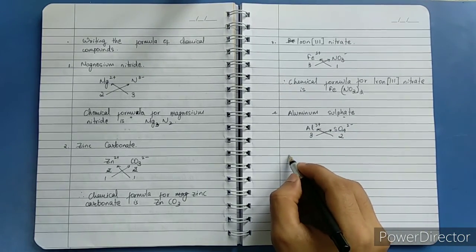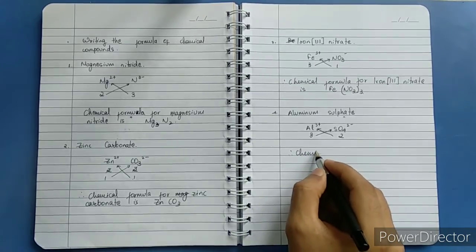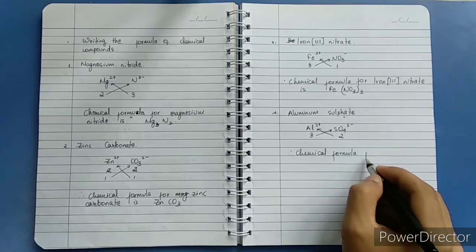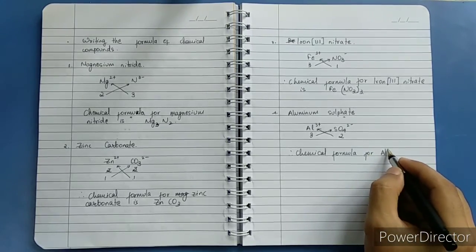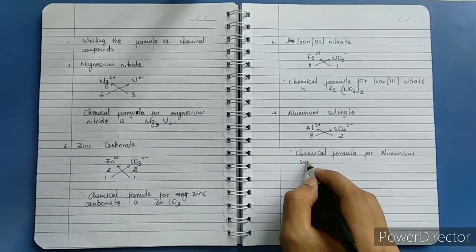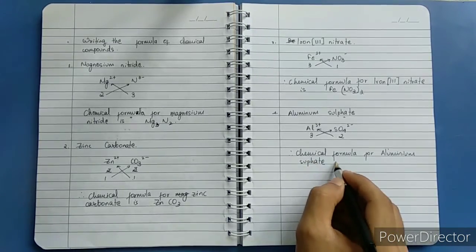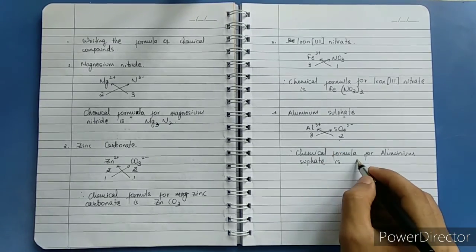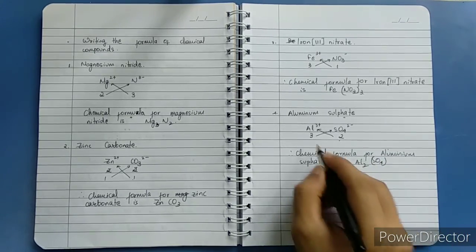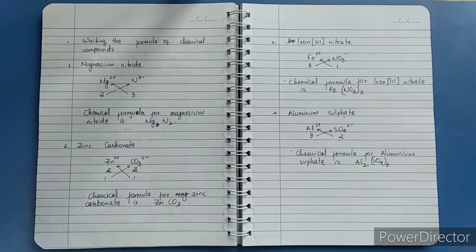So we have therefore the chemical formula for aluminium sulfate is Al2 SO4, this radical, there are 3 of them, so SO4 in bracket and 3 outside.